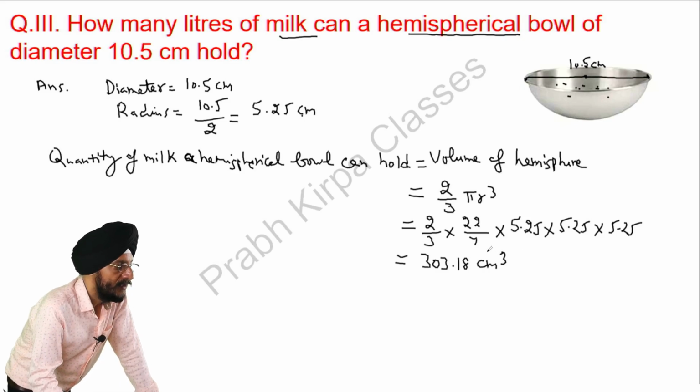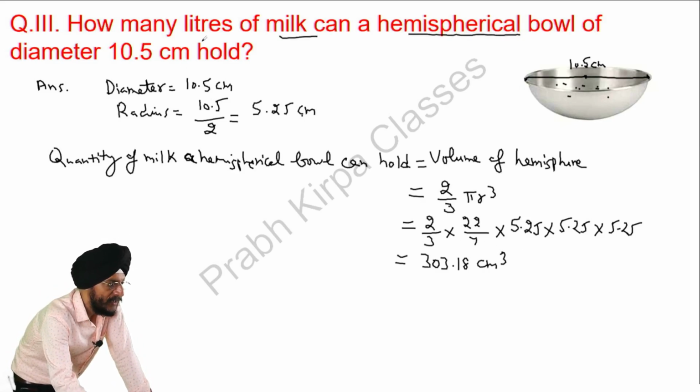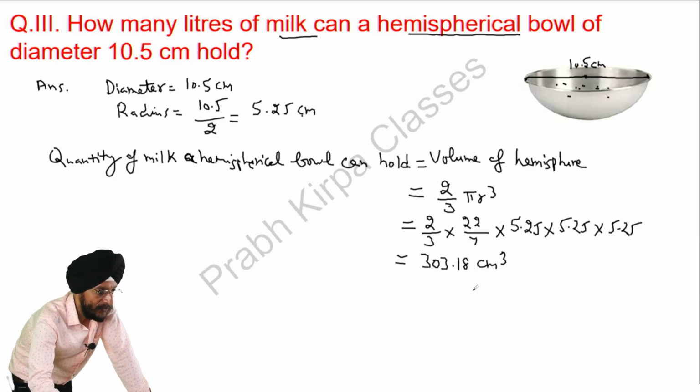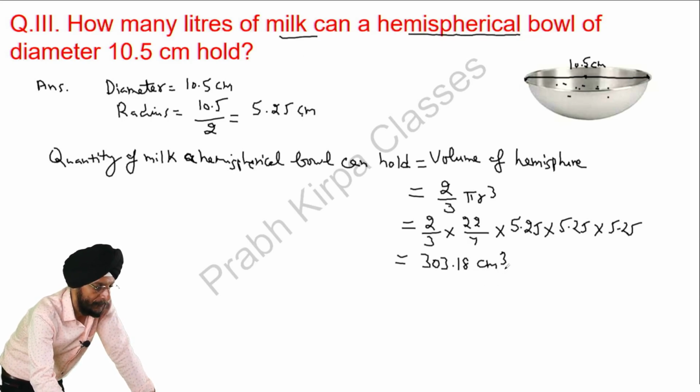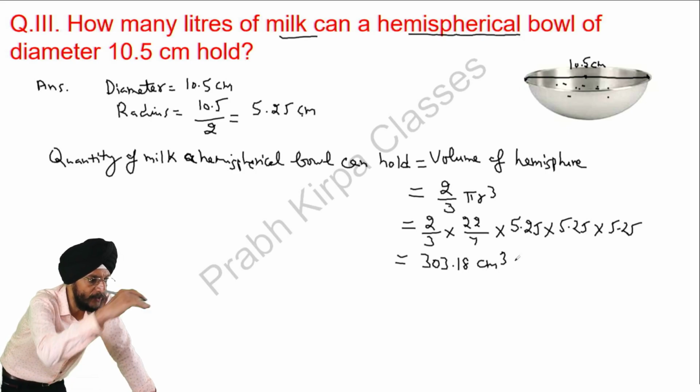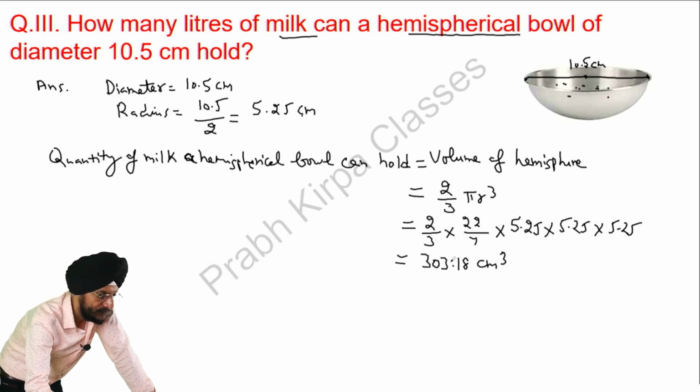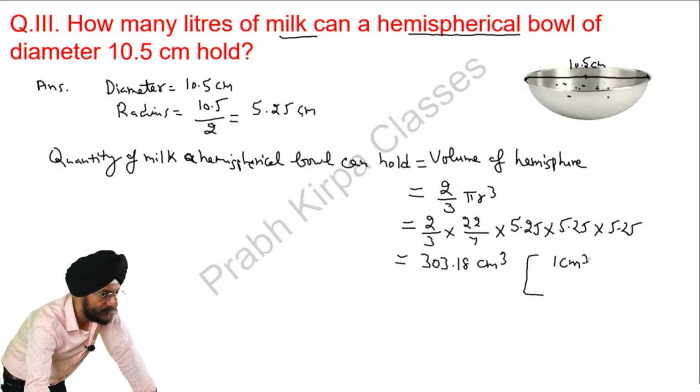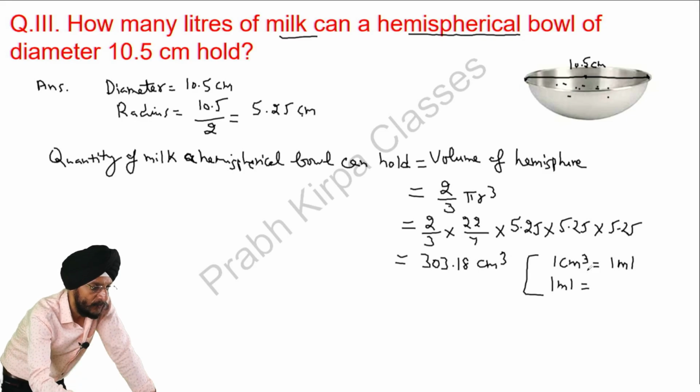Now what is the question? How many liters of milk? Now what we have calculated is in cubic centimeter. So we will have to convert cubic centimeter into liters. So we know that 1 cubic centimeter is equal to 1 milliliter, and we have to convert 1 milliliter into liters.